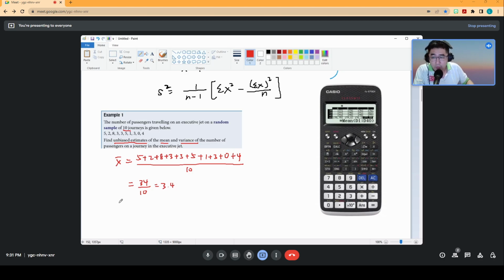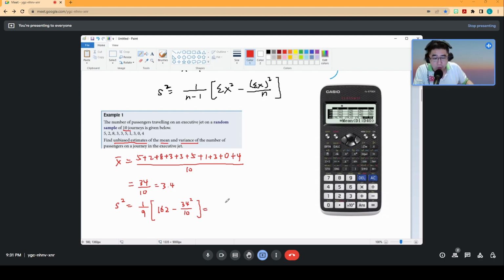Now we want the estimates. As for the variance, s squared, I will have 1 over 9 times (the sum of x squared, 162, minus 34 squared over 10).